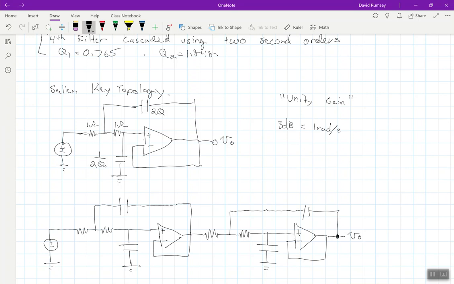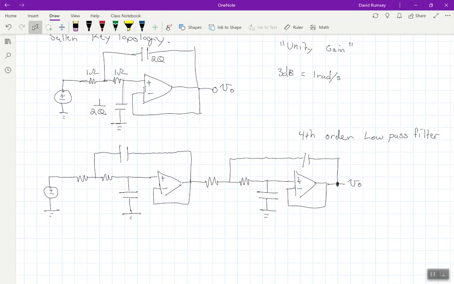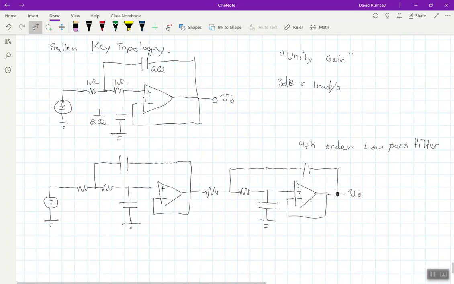So this is going to be my fourth order low pass filter. And we're going to have R1, R2, C1, C2, R3, R4, C3, and C4.